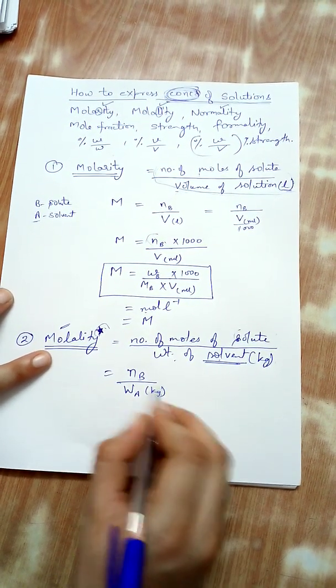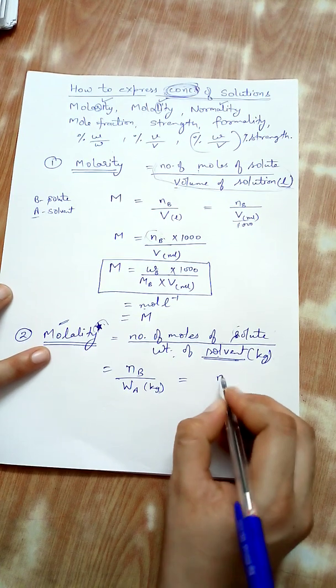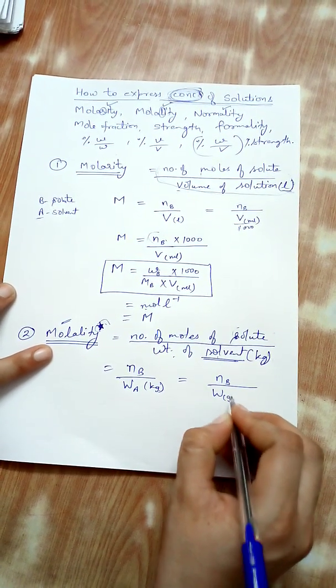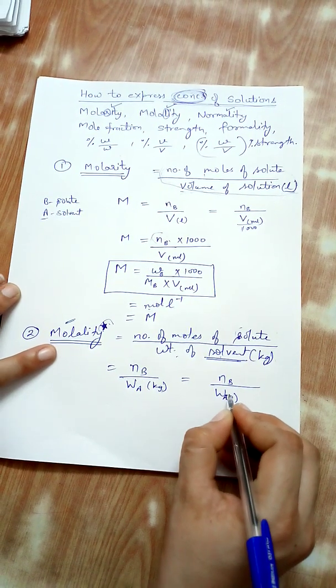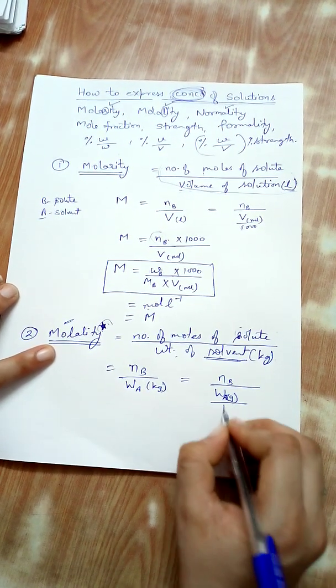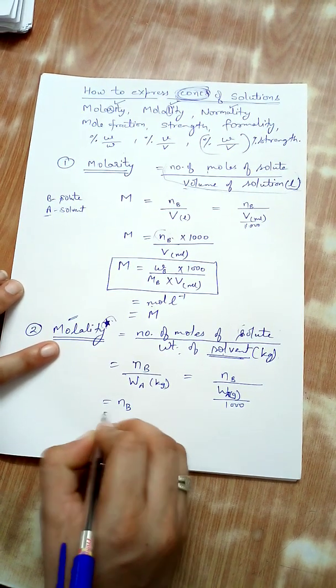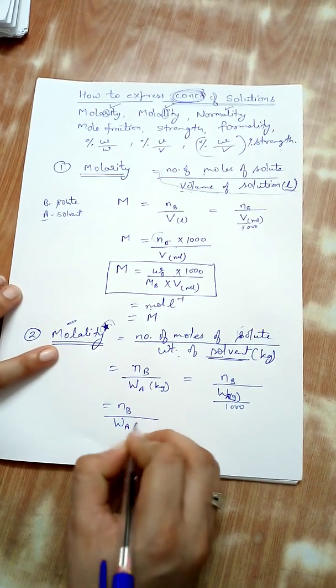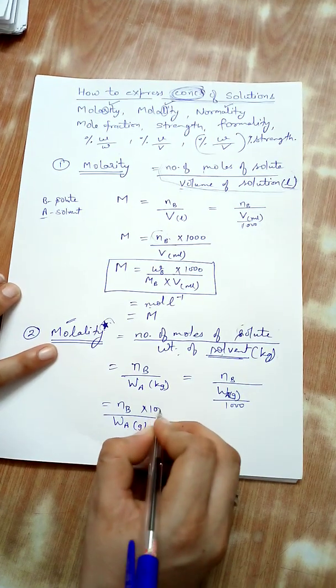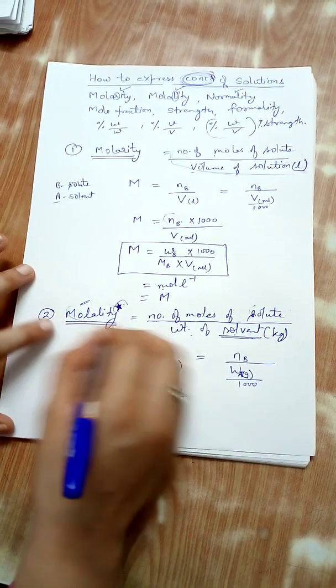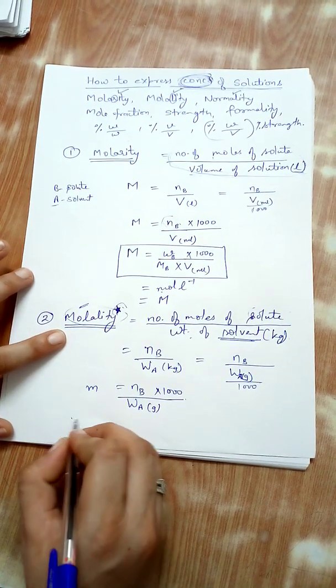What if it is given in grams? Then you will convert it into kg by dividing WA in grams by 1000, and this will go to the upper side, so you get WA in grams over 1000. You can write molality by using small m.